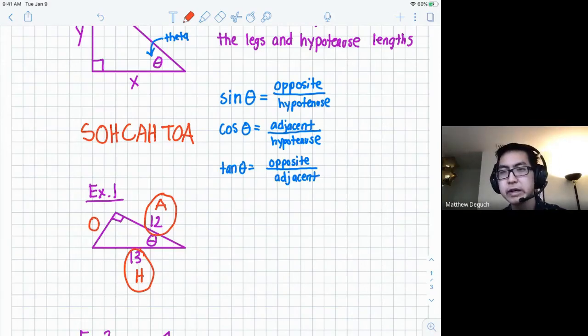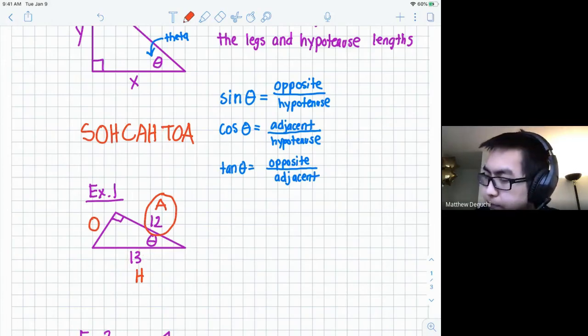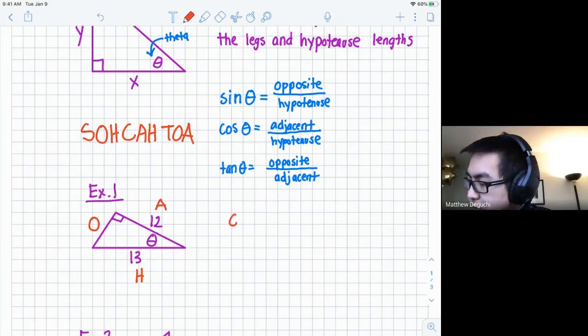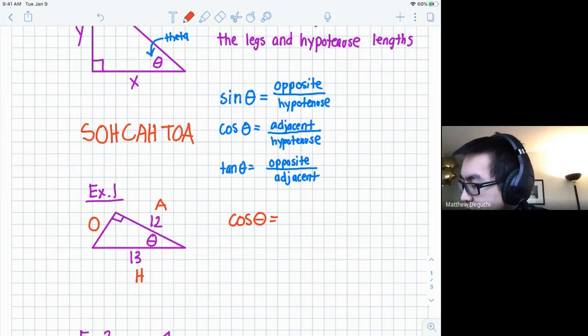Which trig identity uses A and H? It's cosine, because that's CAH, right? So I know I have to do cosine theta is equal to adjacent over the hypotenuse. So adjacent is 12 over the hypotenuse, which is 13.